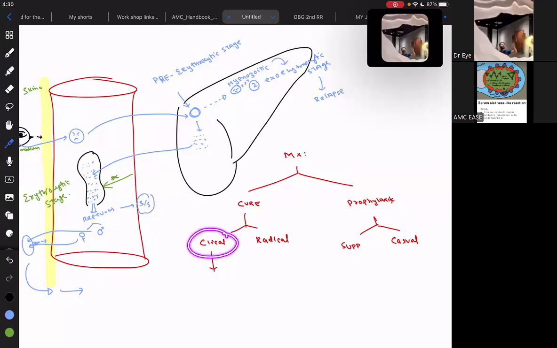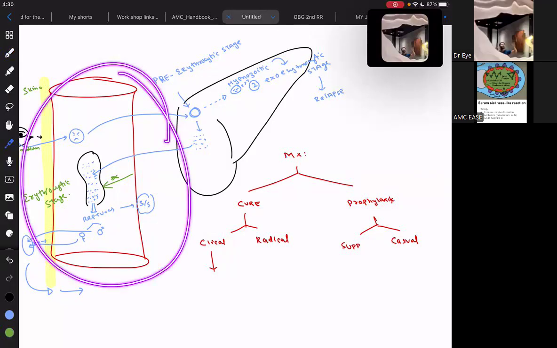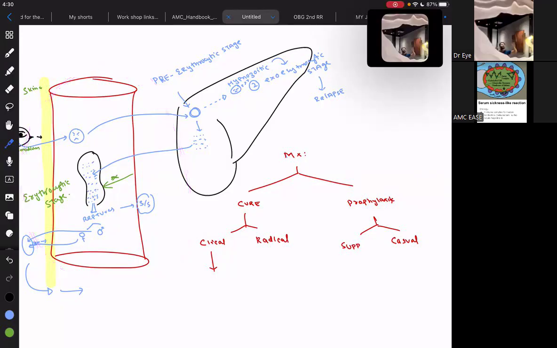Now, if we talk about the clinical treatment, we have to hit this very stage, because till this stage, the patient was asymptomatic, and once this RBC ruptures, the patient gets the sign symptoms.